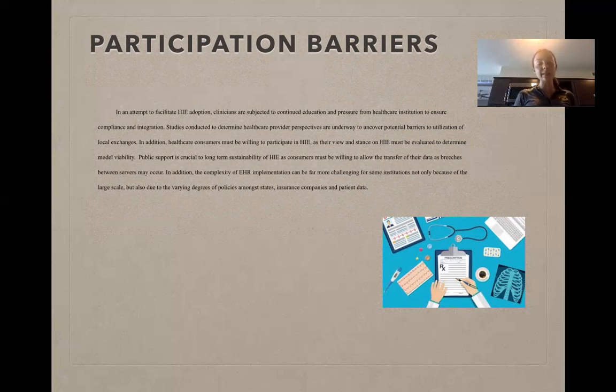In addition, the complexity of EHR implementation can be far more challenging for some institutions, not only because of the large scale, but also due to the varying degrees of policies that vary among states, insurance companies, as well as patient data.